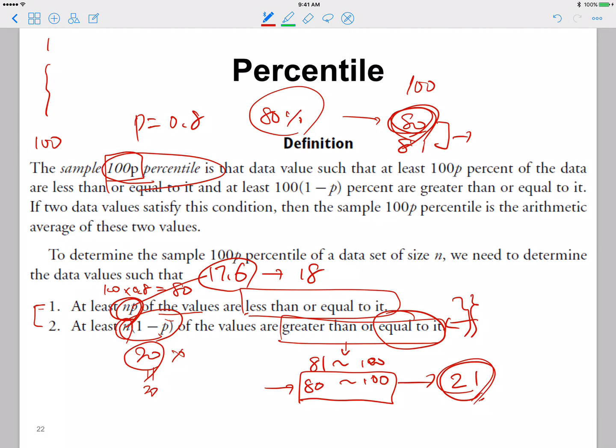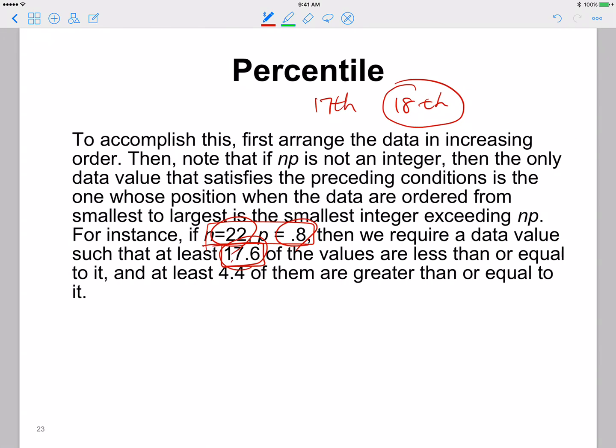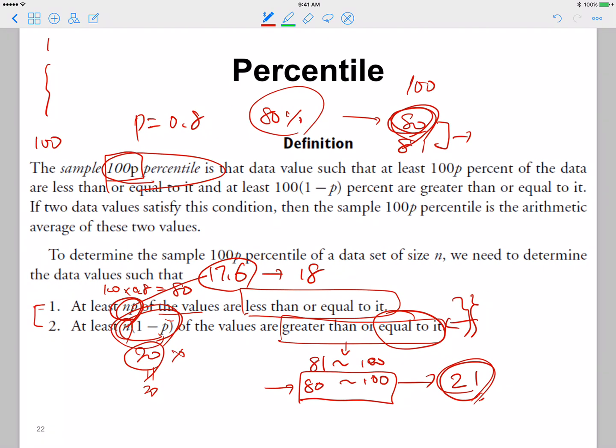And then let's check the next one. 22 times 0.2, which means 4.4. So we have to have 4.4 or more data items that satisfy the second condition, which means you have to have at least 5 data items satisfying this, right?